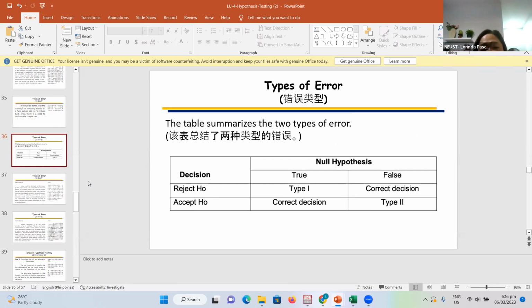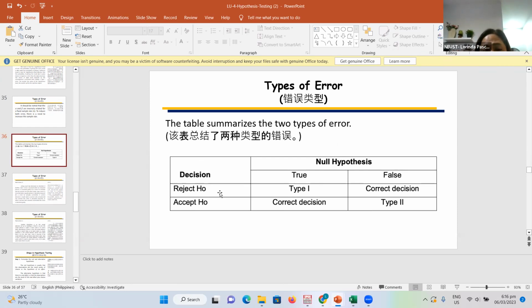So here, the table summarizes the two types of error. So in this column, we have the decision and then we have the null hypothesis. So the decision to reject H0, when you reject it when in fact it is true, you're committing a type 1 error.